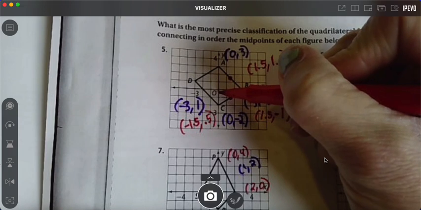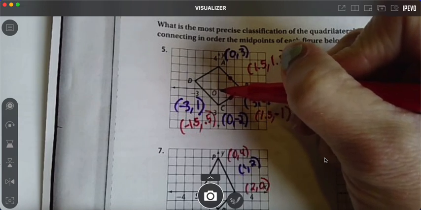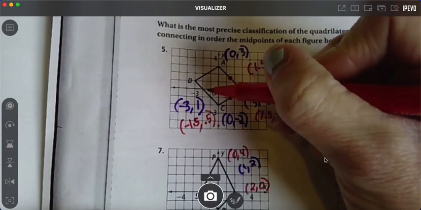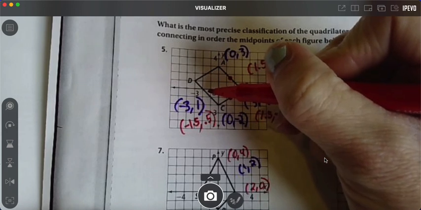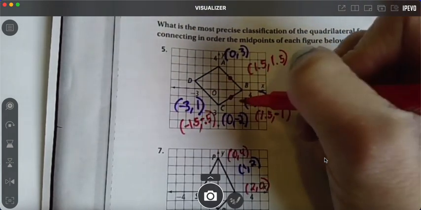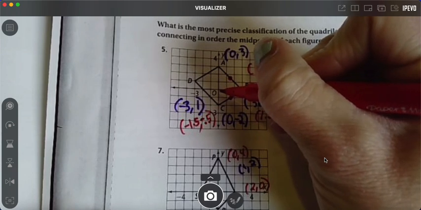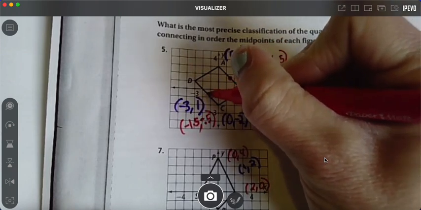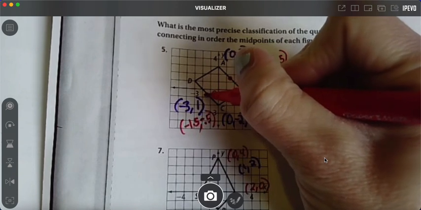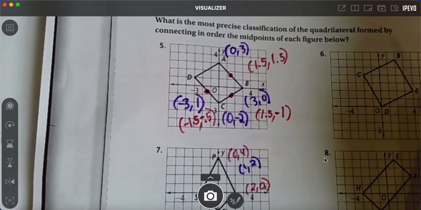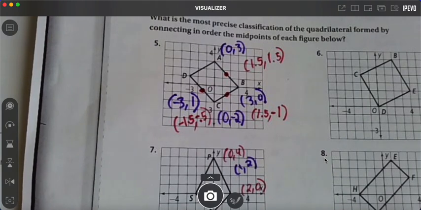So I'm going to go over, did I do those right? Negative 1.5. Oh, nope, sorry, it was negative 0.5. Over negative 1.5 and down 0.5. And you should be on your line. Okay?